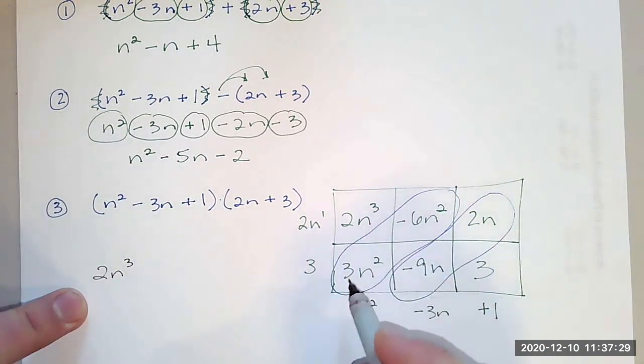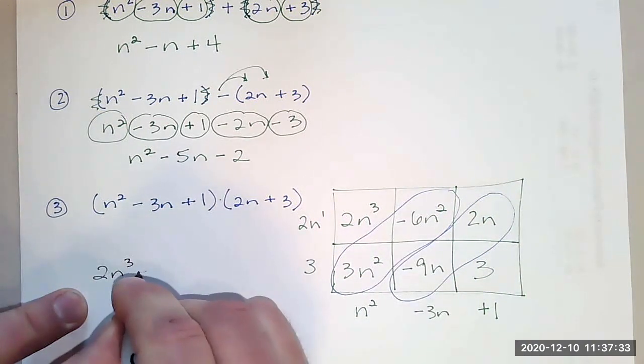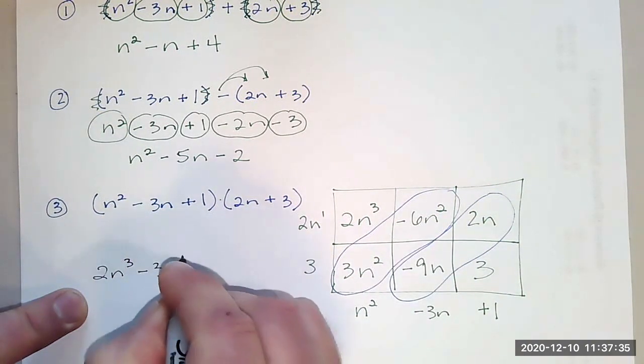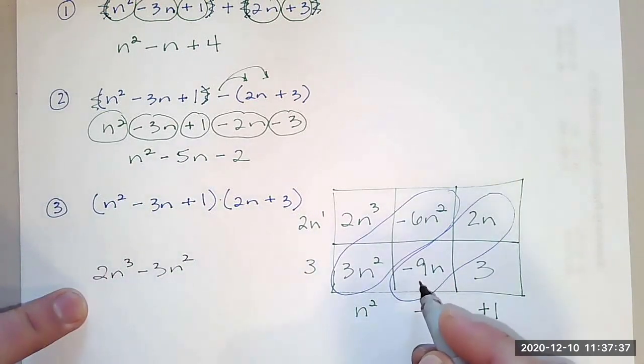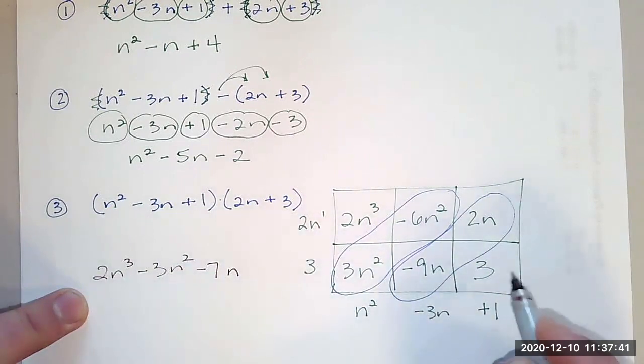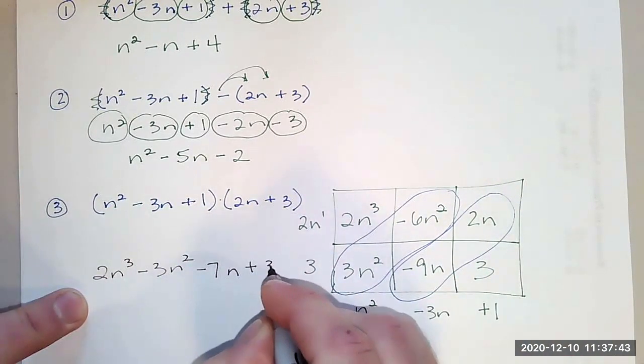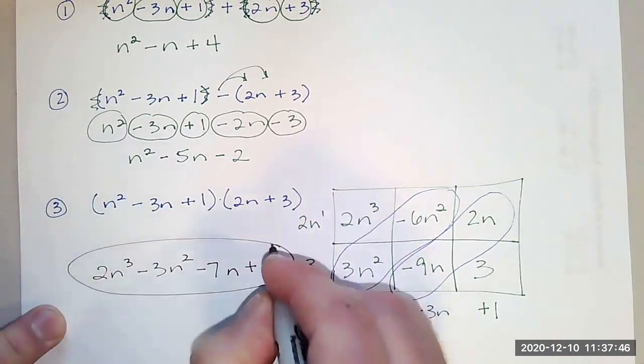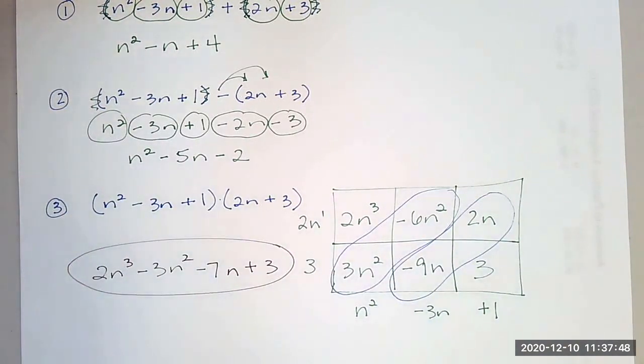We combine the 3n squared and the negative 6n squared, and we have negative 3n squared. Negative 9 add 2 is a negative 7n, and 3 is our constant. There's your solution for the product of those two polynomials. Okay, now go off and practice.